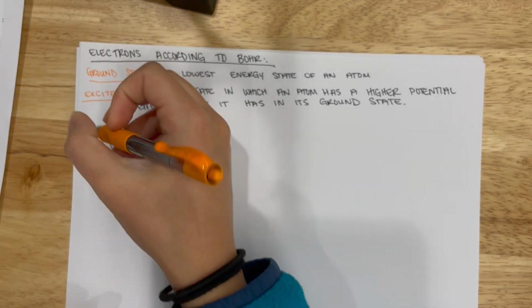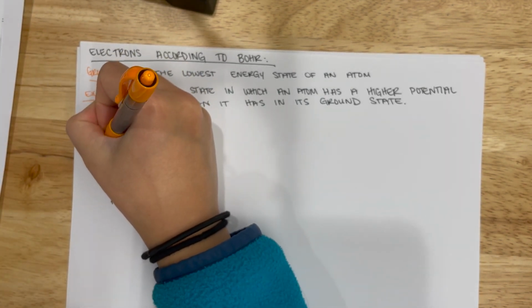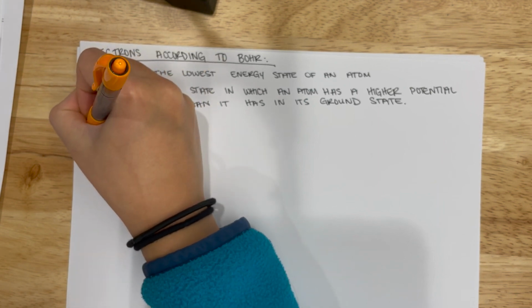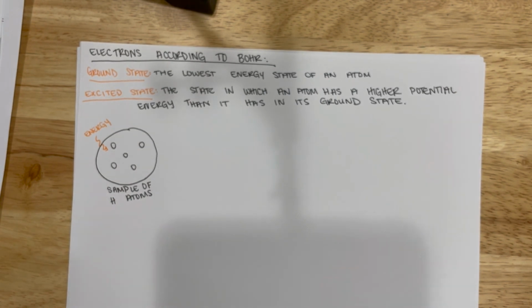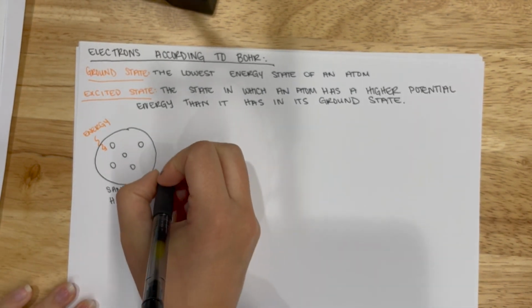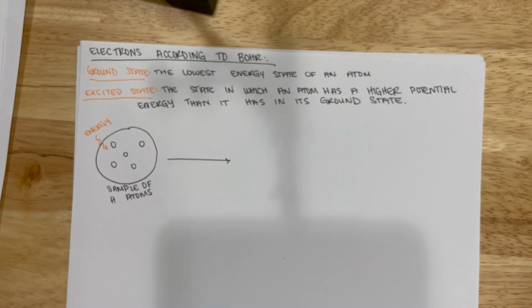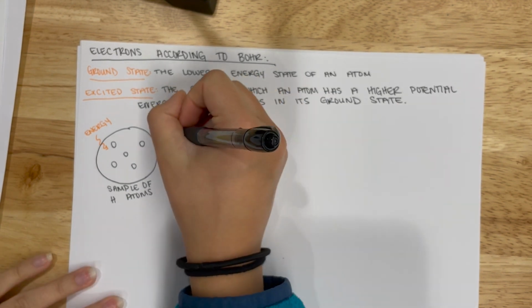And what he did is he added energy. So we add energy to this sample of hydrogen atoms, and what happens is that some of those hydrogen atoms absorbed the energy.